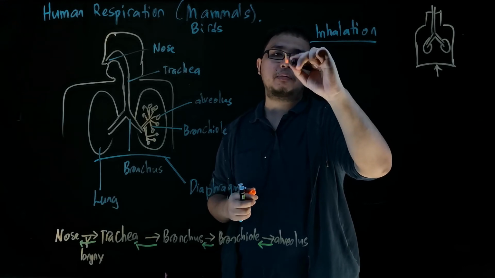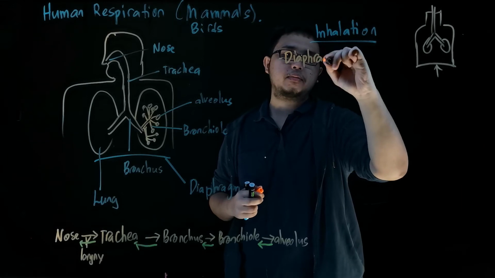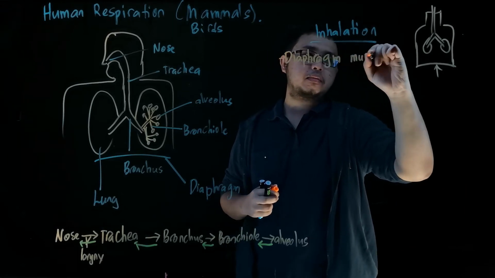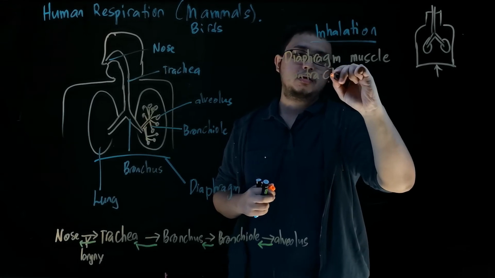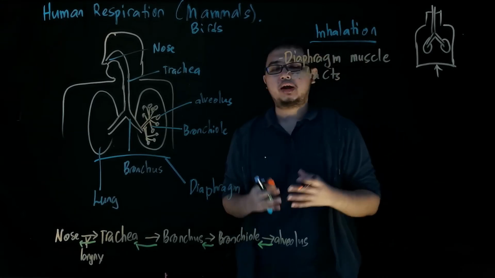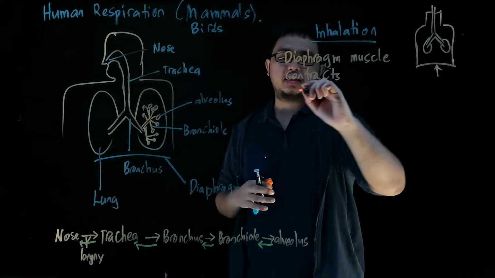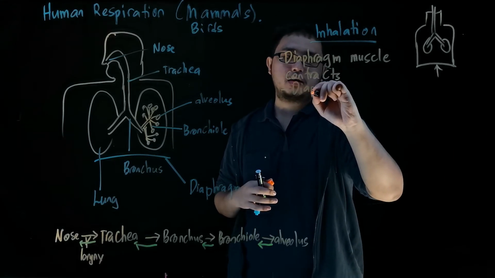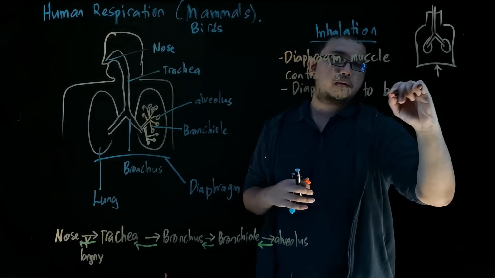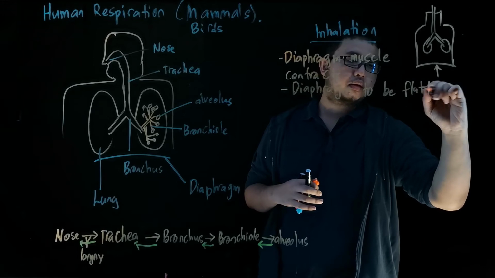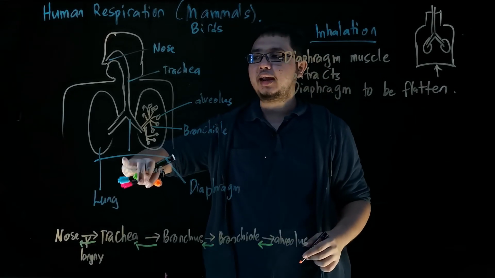Inside here, the first thing that is happening is that the diaphragm muscle contracts. This contraction of your diaphragm muscle allows the diaphragm to be flattened. And what happened here is that now your diaphragm is flat.